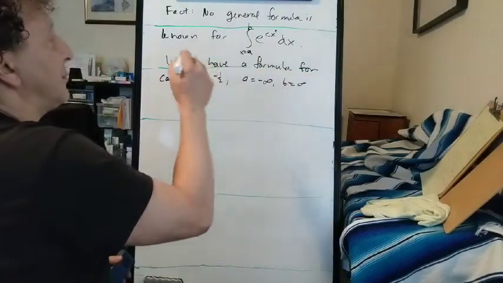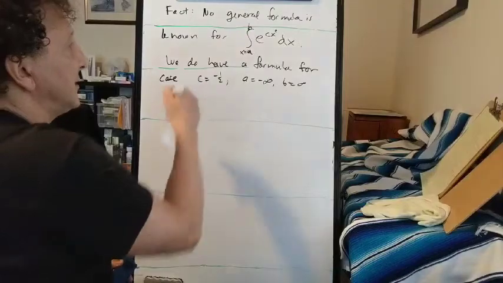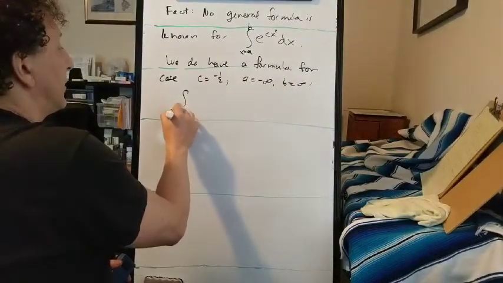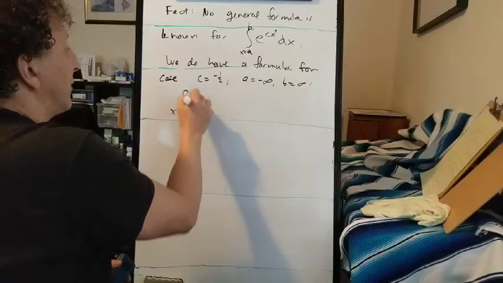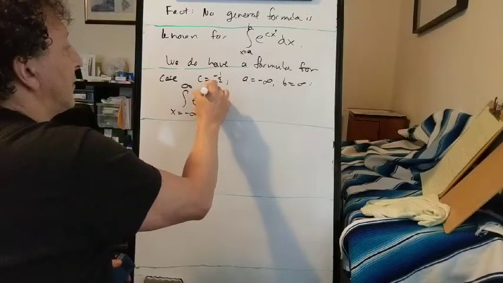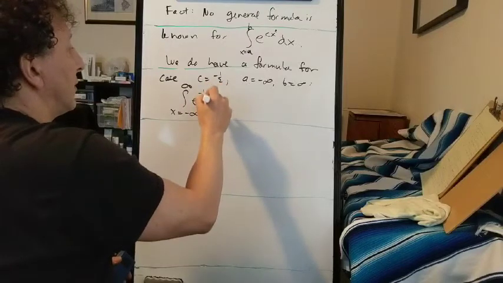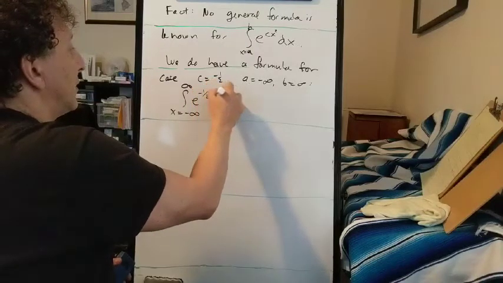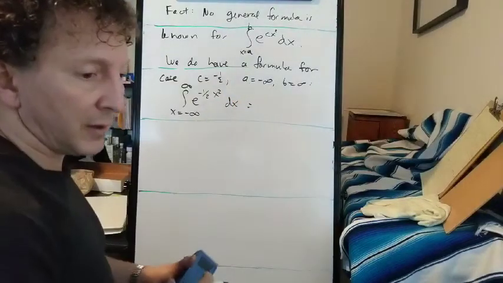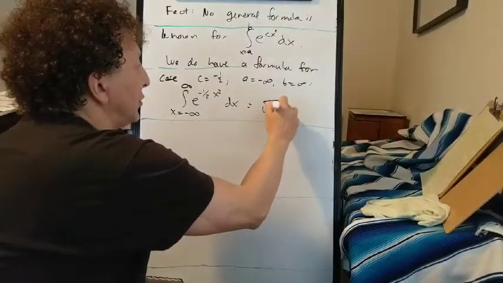When we're integrating from -infinity to infinity and c is -1/2, that turns out to be square root of 2 pi.